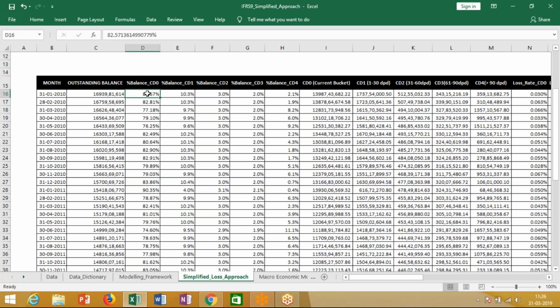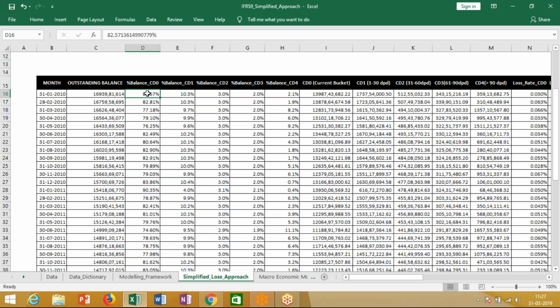Whenever there is a business with an outstanding balance, and the business is in proper shape, you would see that the majority of the balances are CB0, relatively less are CD1, and balance CD2 onwards to higher buckets, like 3 to 4% of the balances, is concentrated in the higher buckets. Otherwise, if it is the other way around, then the business is actually going for bankruptcy, right?